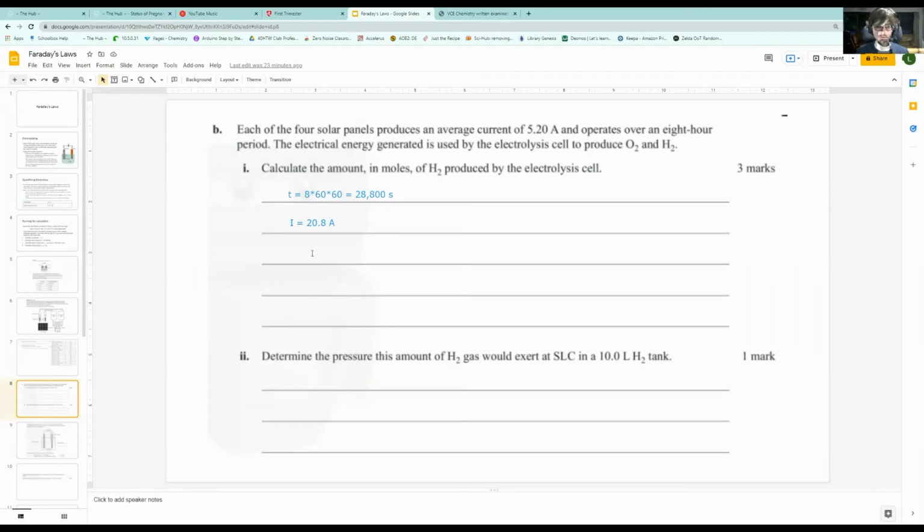All right, so we have our equation, Q equals IT, which is going to equal 28,800 times 20.8, which is going to equal 599,040 coulombs. That's a lot of coulombs.